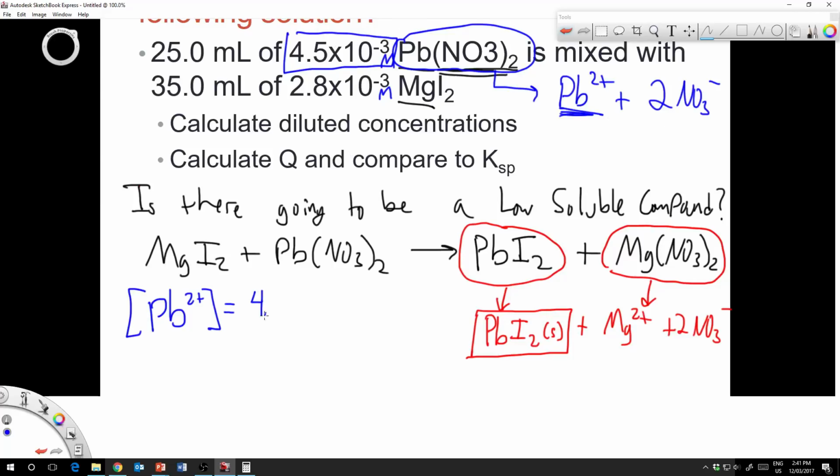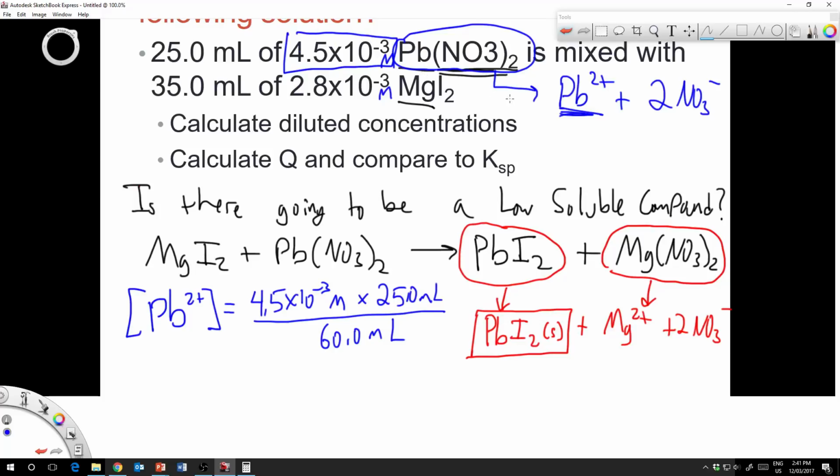We can say this: 4.5 times 10 to the negative 3. That's the concentration. We're going to dilute it, so we'll multiply this by the 25 milliliters, and we'll divide that all by the total, which will be 60 milliliters. So we've taken the concentration of the lead nitrate.